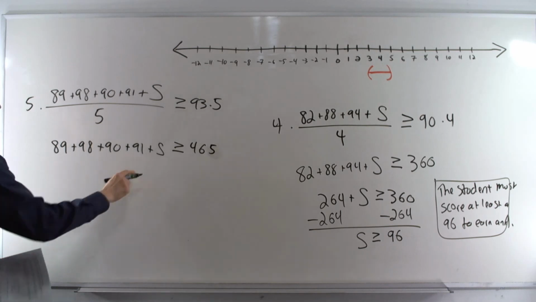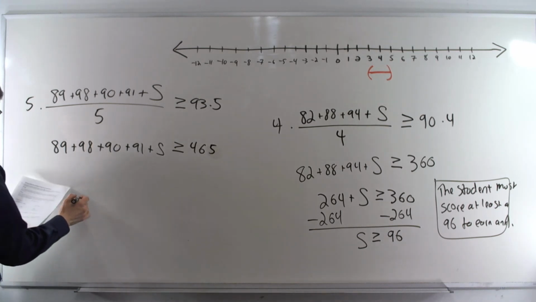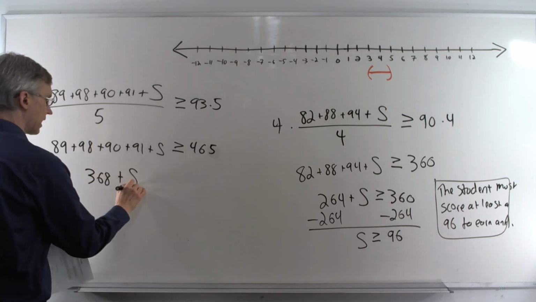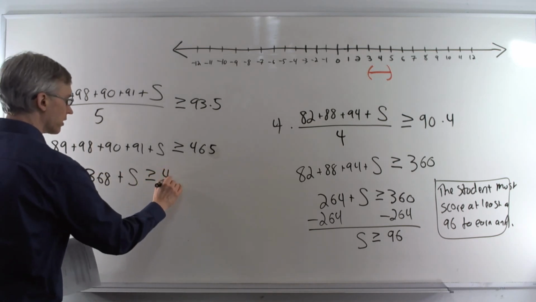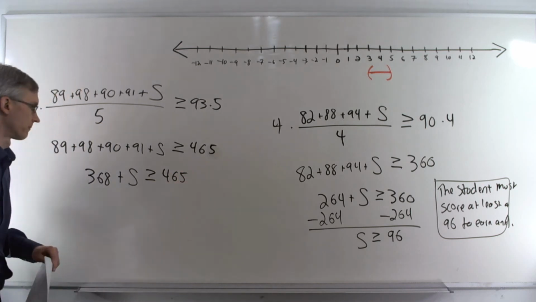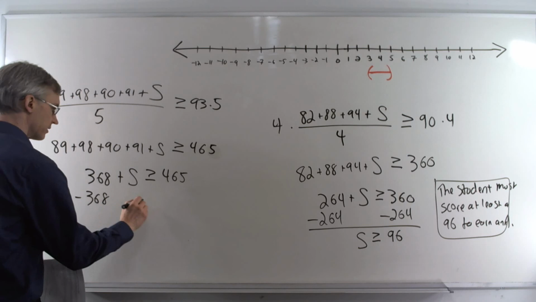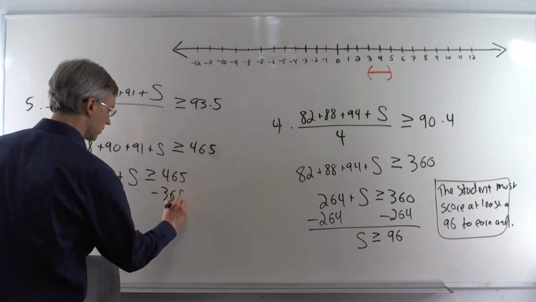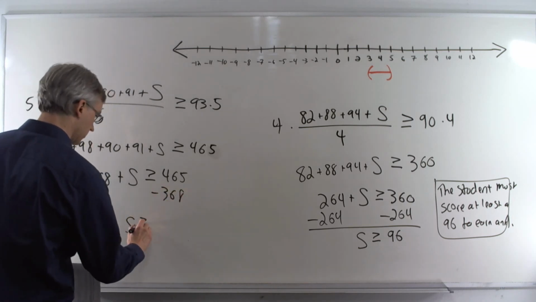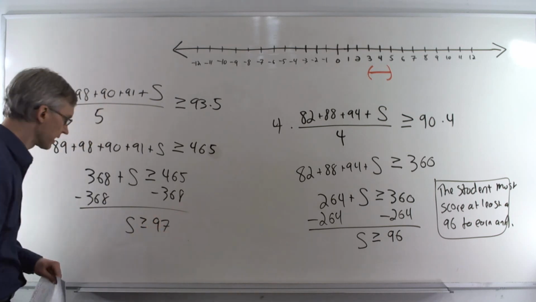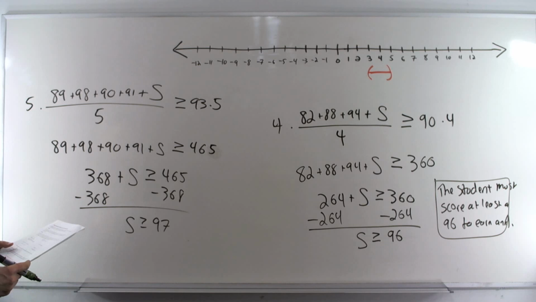Now we can add those 4 scores together. And we get 368. So it's 368 plus s is greater than or equal to 465. Subtract 368 from each side. So s is greater than or equal to 97.